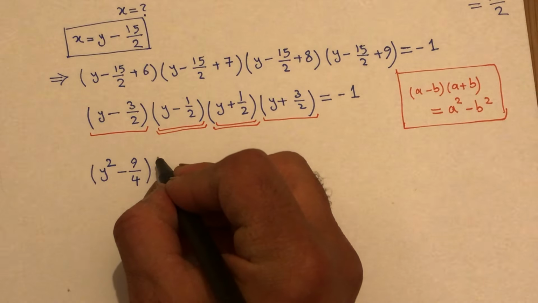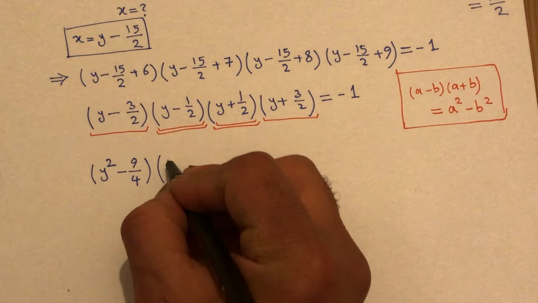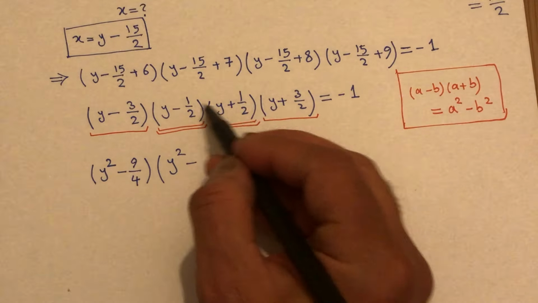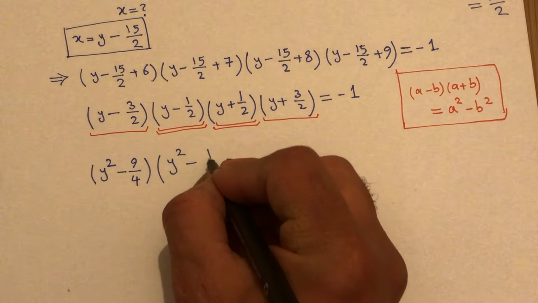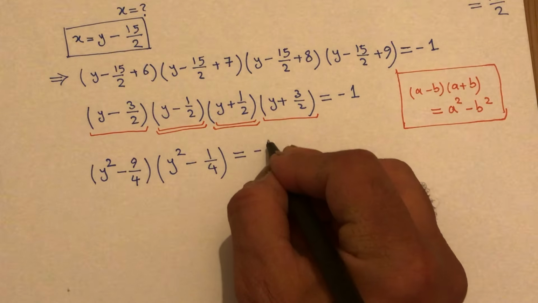And for this one, y squared minus 1 over 4. And finally minus 1.